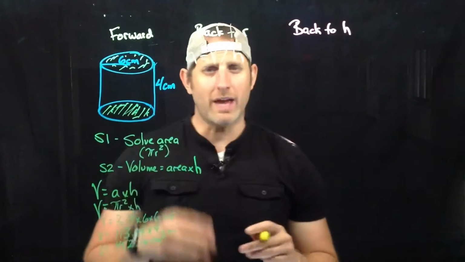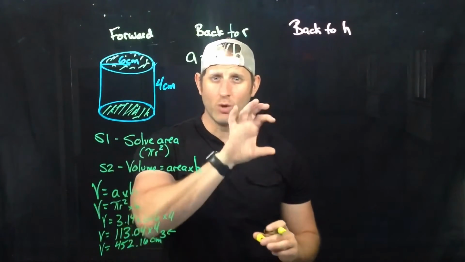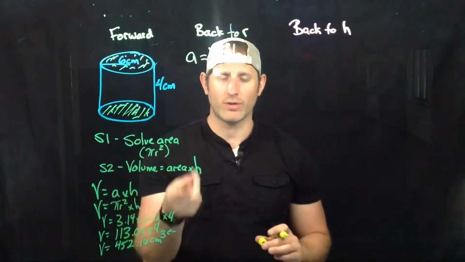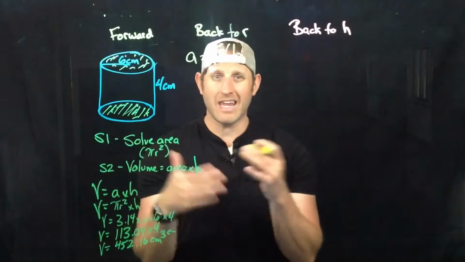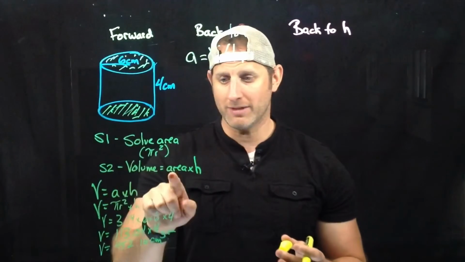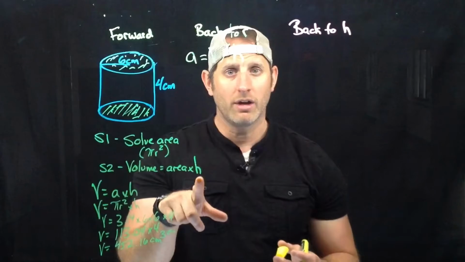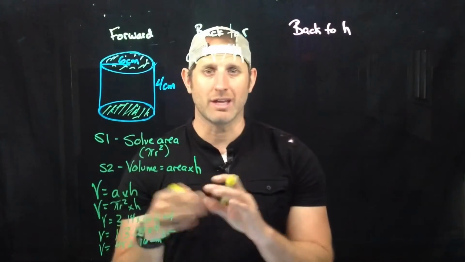The reason for that, if you think of a fact family, is that 2 plus 3 is 5, but if you move the big number to the other side of the equation, you have to invert the operation. So 5 minus 2 would be 3. Same numbers, same letters here. Volume is area times height, V, A and H. I've just changed them around and inverted the operation to give me what I need.